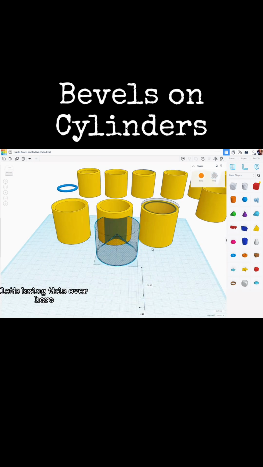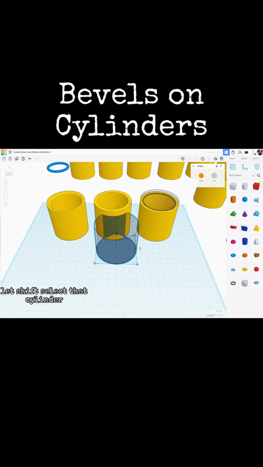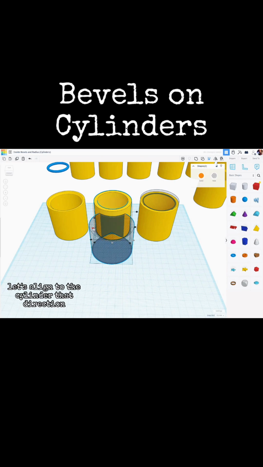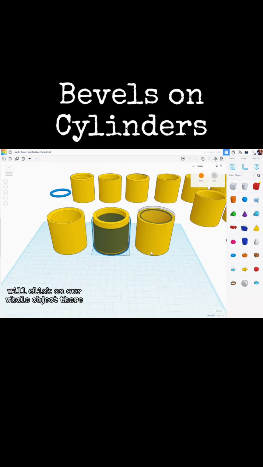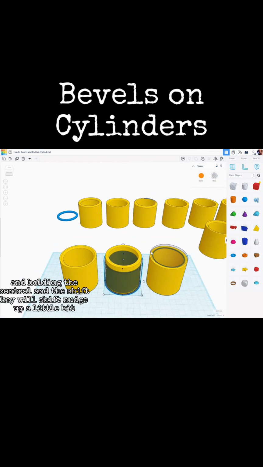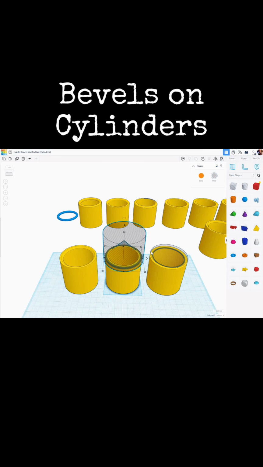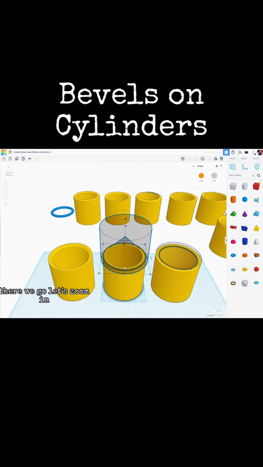Let's bring this over here. Let's shift select that cylinder. Let's align to the cylinder. That direction, that direction. We'll click on our whole object there, and holding the control and the shift key, we'll shift nudge up a little bit. There we go. Let's zoom in.